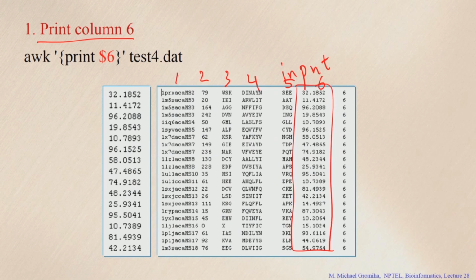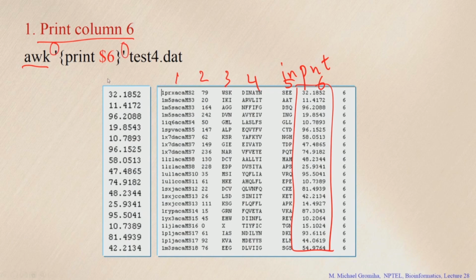Do we need any pattern here? We do not need a pattern, because we are not looking for anything; we just want to print column 6 because it contains numbers, and I want to see the numbers. So, you put awk, and then the action you want to perform. The braces are very important, and you have to give the action within quotes.